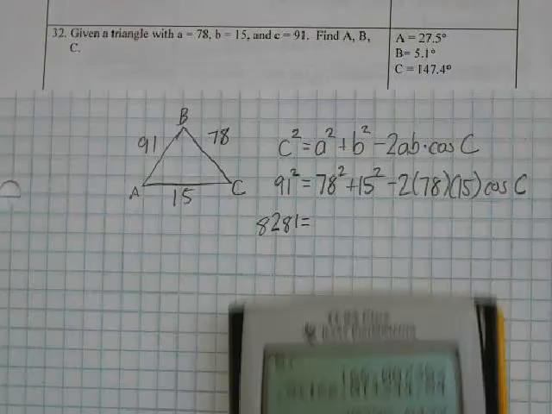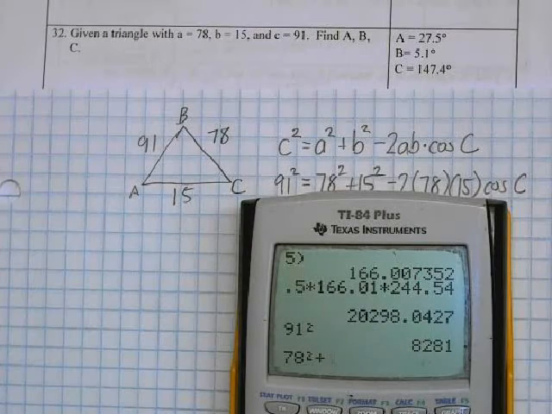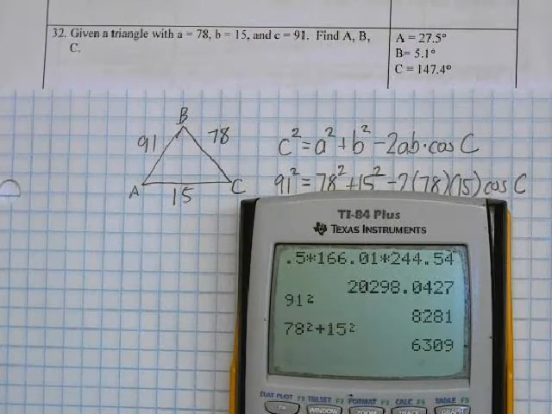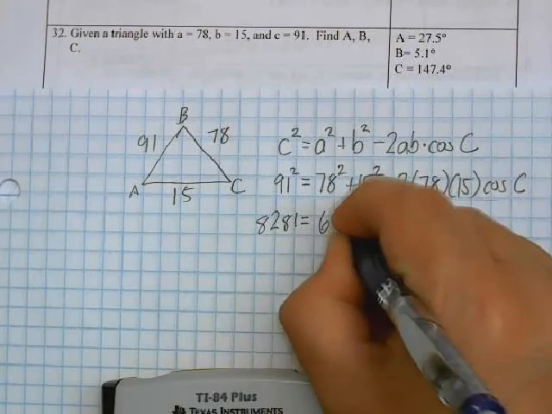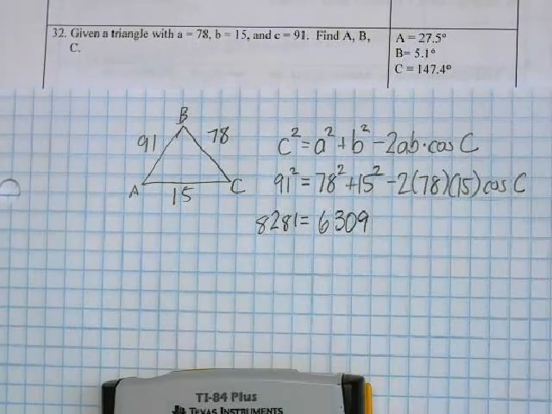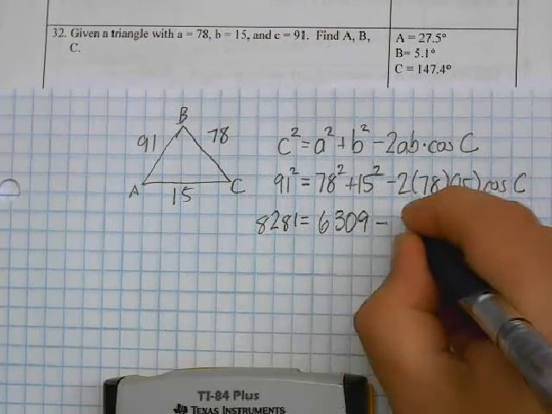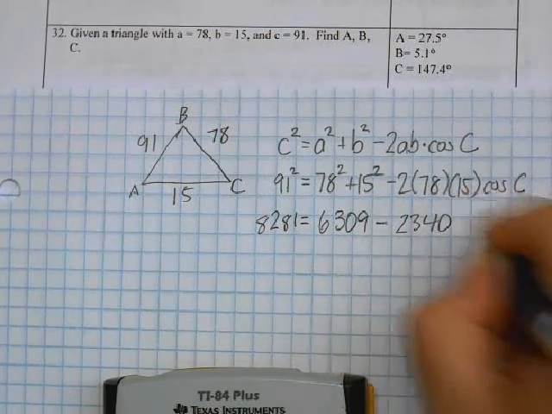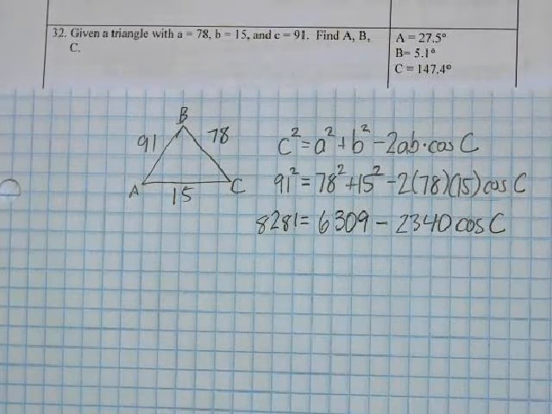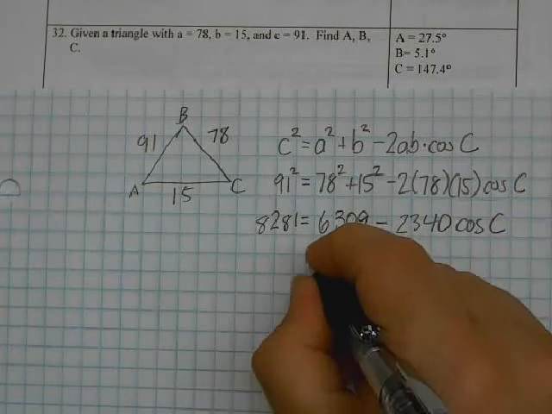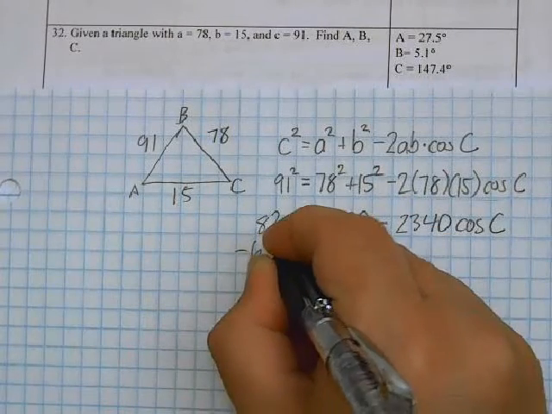So instead, we'll go ahead and figure out what 78 squared plus 15 squared is. We get 6,309 minus 2,340 times cosine C. So we want to get the cosine C by itself. We'll subtract.